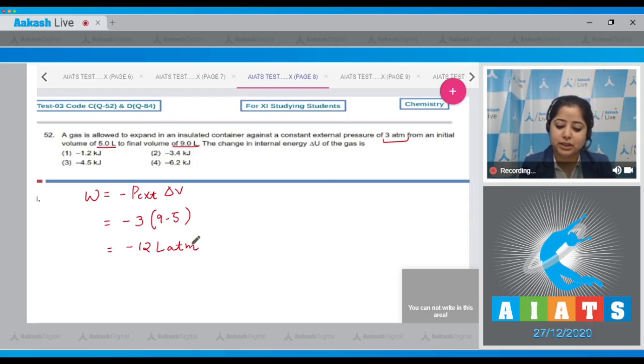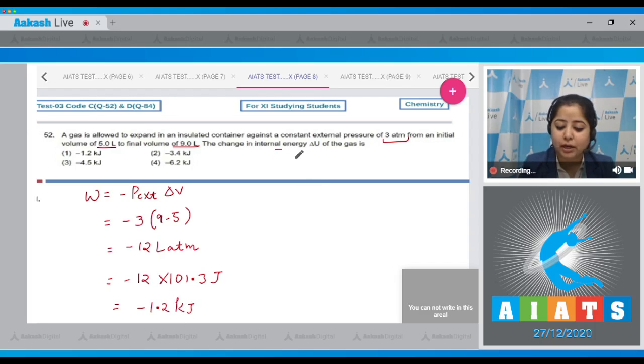Since pressure is in atm and the volume is in liter, but we have to convert this into joules, we need to multiply the value by 101.3 and we'll get the value in joules. And student, I've already multiplied, this will be minus 1.2 kilojoules.